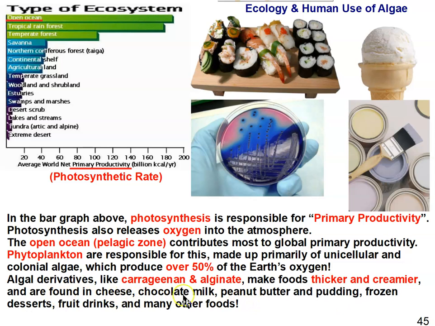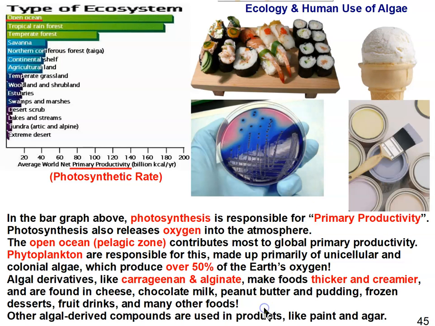Also found in cheese and chocolate milk, and peanut butter and pudding and frozen desserts, fruit drinks, a lot of other foods. So even if we don't directly eat the algae, there are a lot of algal derivatives that end up in our food. And then other algal derivatives are used in products like paint and the agar that we used back when we cultured bacteria in petri dishes. So algal derivatives are used in industry a lot.